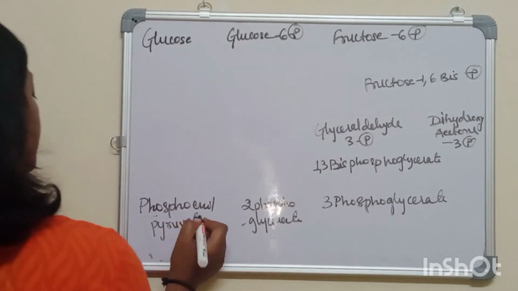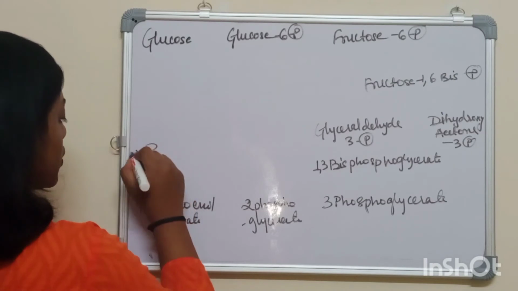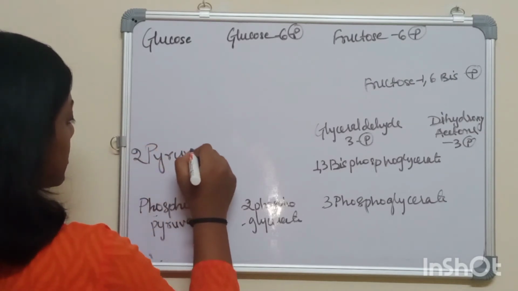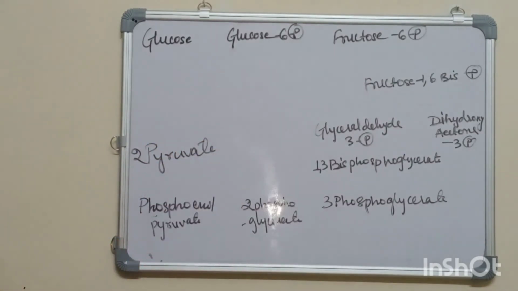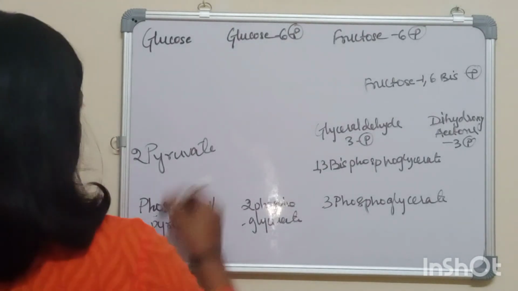Then phosphoenol pyruvate was finally converted into 2 molecules of pyruvate. So this was the reaction.